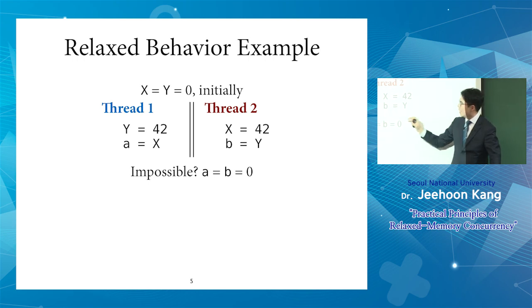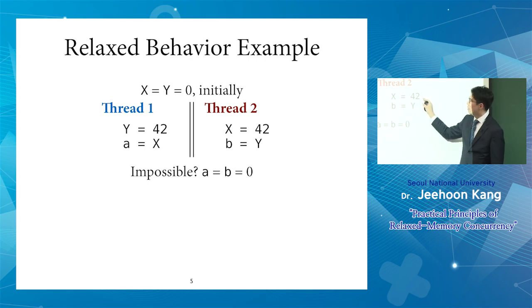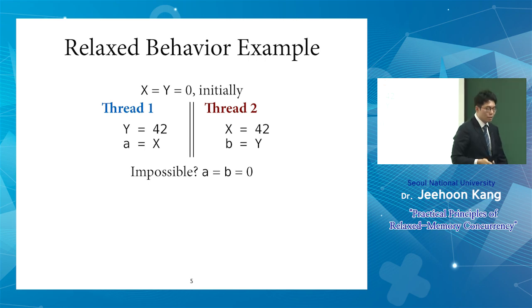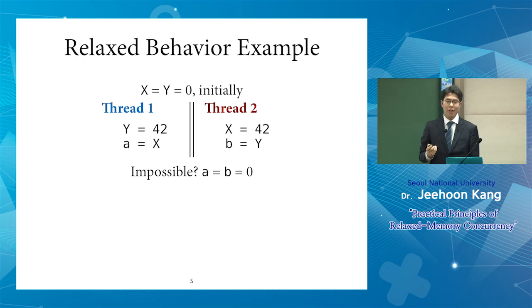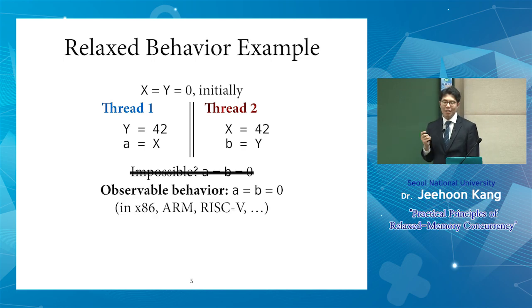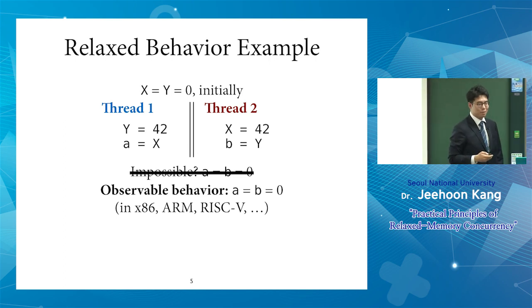On the other hand, if this instruction is the last instruction, then it should read from this write instruction, so a should be 42. In either case, it is not possible that a and b are 0 at the same time. However, this is not how it works in the real world. Actually, you can observe this behavior, a equals b equals 0, in many commercial architectures like x86, ARM, and RISC-V.